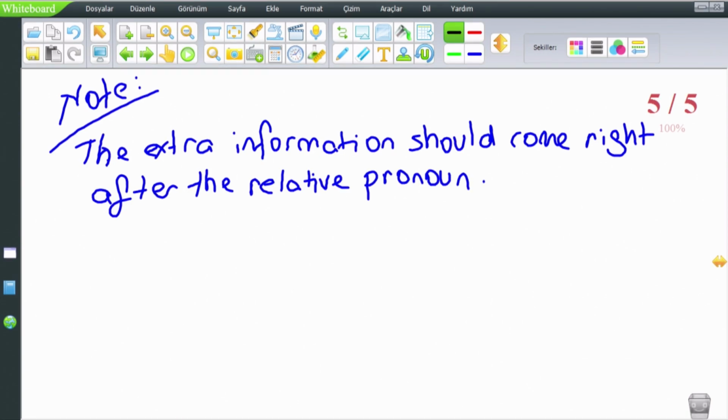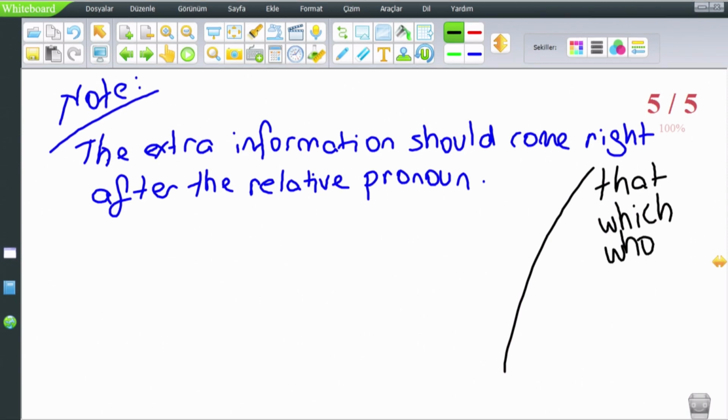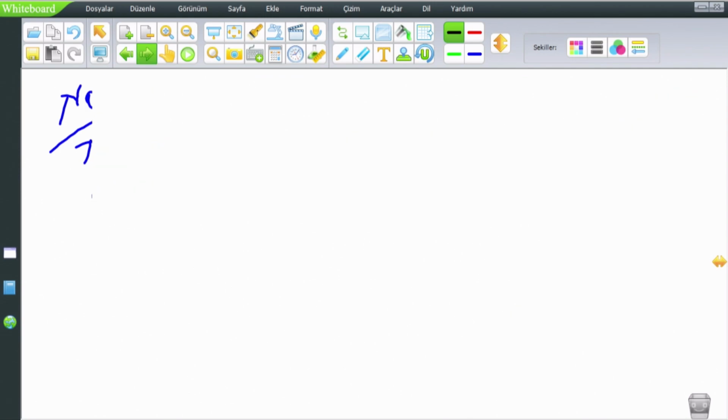But this one applies for that, which, and who. Because for the other relative pronouns, we have something different to do with whose, with whom, where, and when. We have something different with them, and we will get to that.